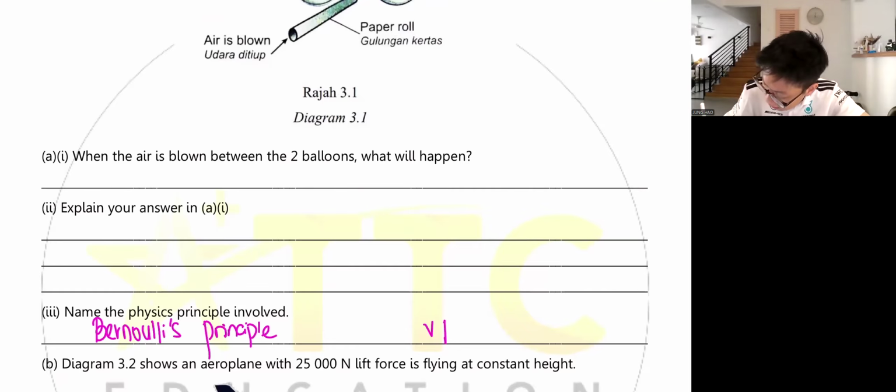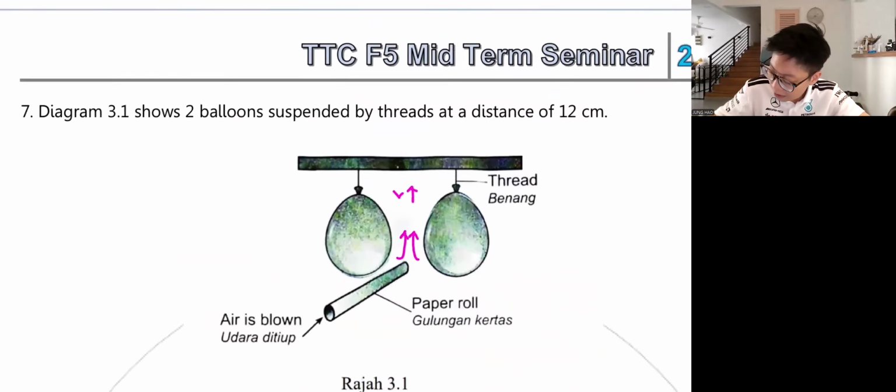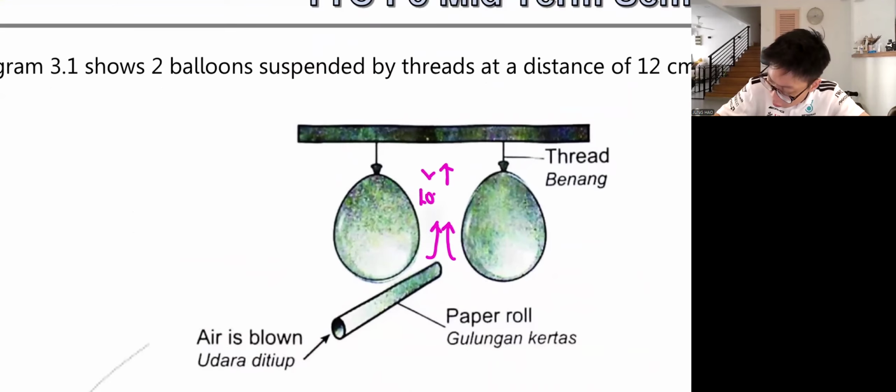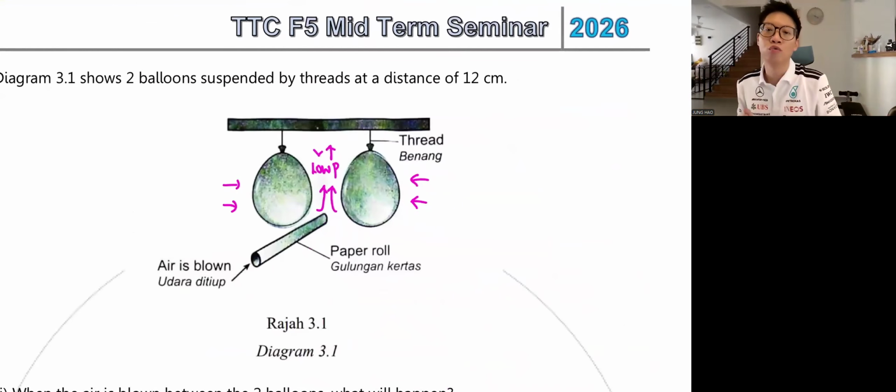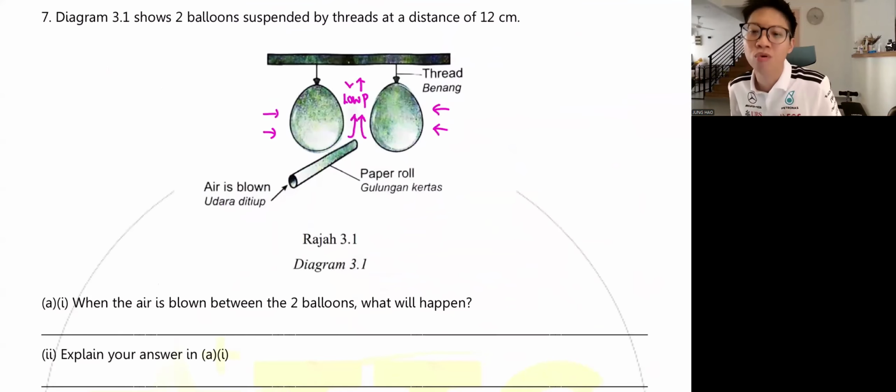When your velocity increases, your pressure becomes low, correct? So the middle part here will form a low pressure region. Then the surrounding air, which is much stronger, will push the balloons together, and your balloons will seem to get attracted to each other.